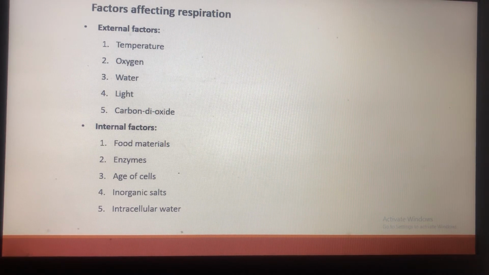Then enzymes. Respiration is a physiological process, and enzymes are mandatory for any physiological process. There are several types of enzymes actively taking part in respiration, so a deficiency of enzymes causes the rate of respiration to slow.